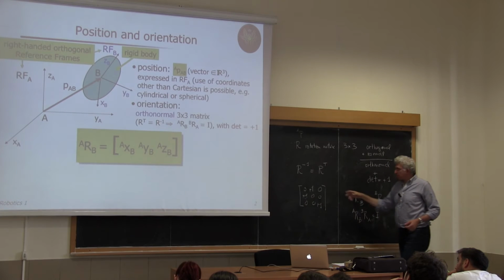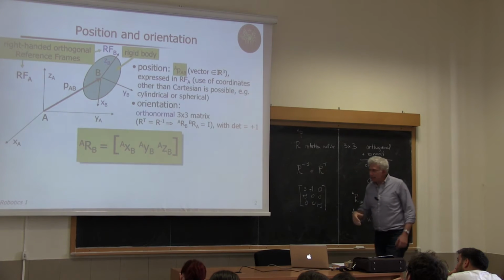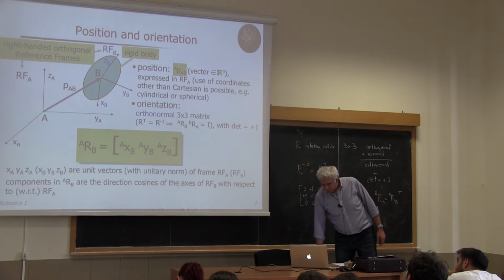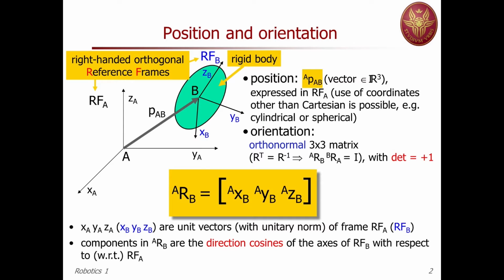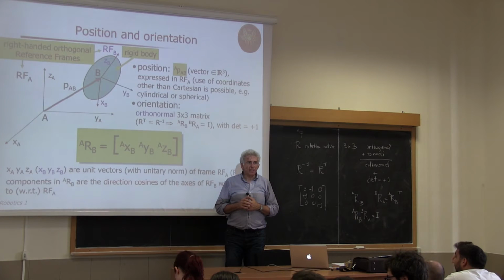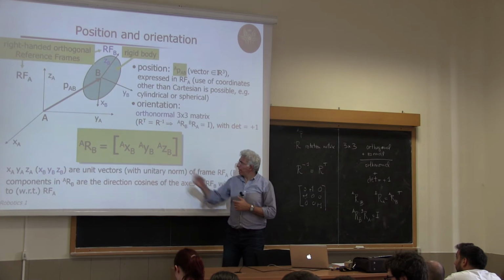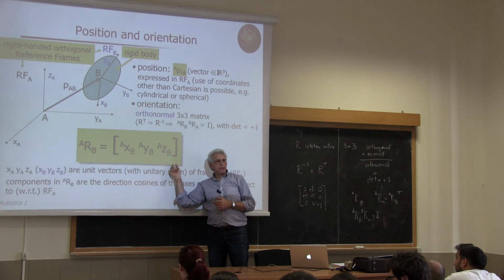And now you can start realizing that this type of relation implies that you have unit vectors. Why? This is a unit vector, and it remains the same unit vector if we express it in frame B or if we express it in frame A. Its norm does not change. We are just looking at this vector from a different direction. Okay? Same for this and same for this.